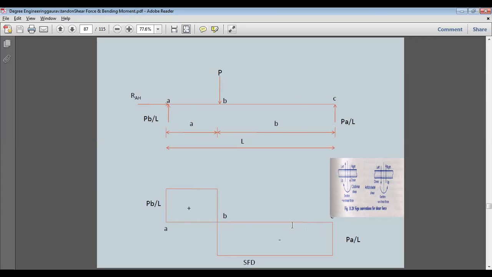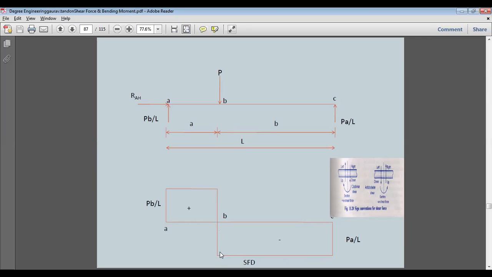So we have a baseline AC, and from here to here we will draw a line equivalent to PA by L, and this is negative as we discussed earlier. From C to B we are not having any force except this PA by L, so this line will be straight at PA by L, and then we will have a jerk of P from here to here.